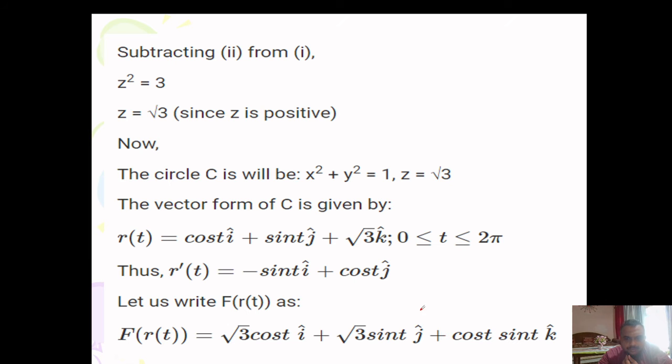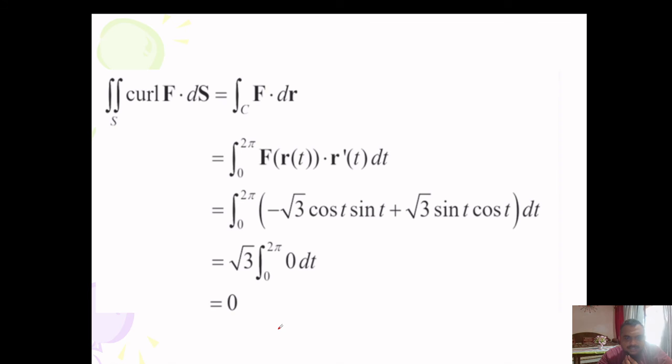Now this t is an angle between 0 and 2 pi. Since I have written this force in terms of t, the limit of the integration will be 0 to 2 pi. So from 0 to 2 pi, I have to find the line integral. I don't want to find the curl of this vector.